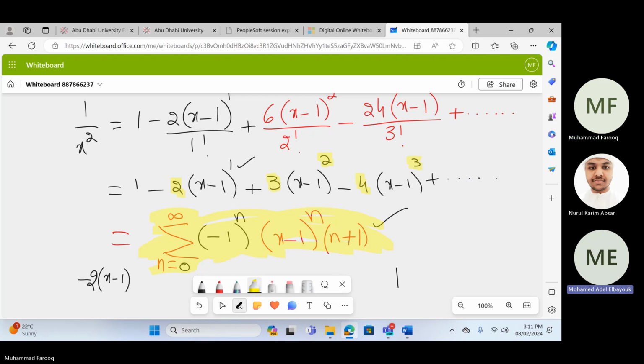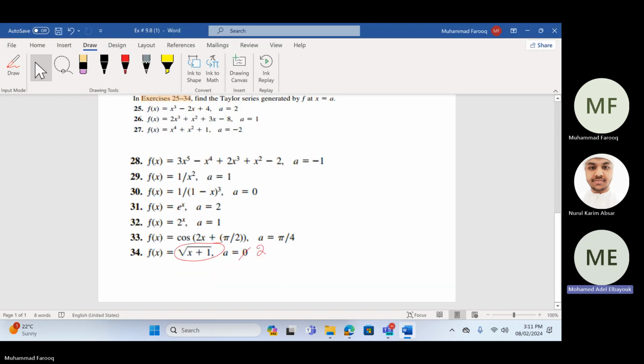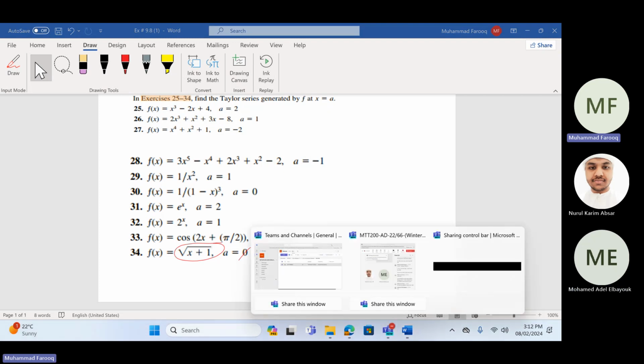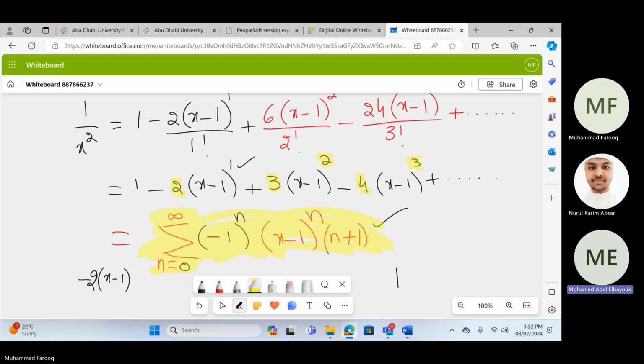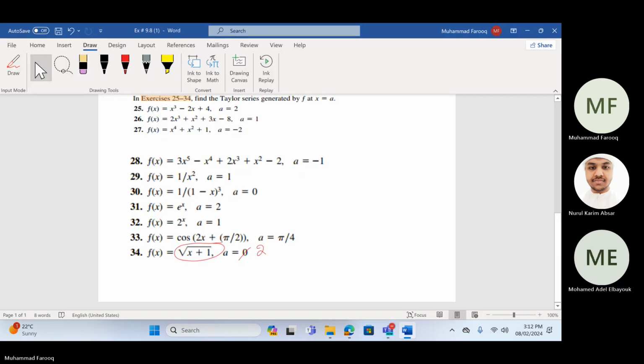Doctor, I already solved it, I'm only stuck in the last step. It won't take time, only 1 minute. Let me finish my topic first, brother, because I have deviated from my topic. Send me the question, inshallah, and after class I will try to answer. Okay, Doctor, thank you.